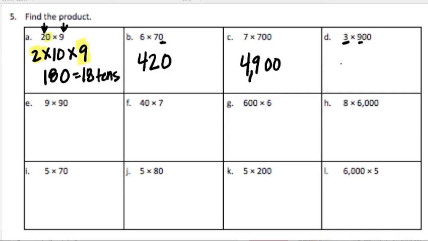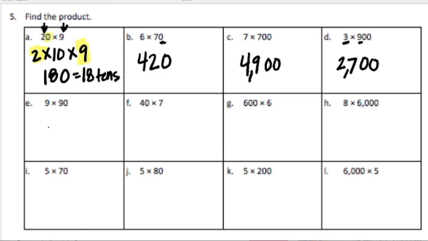That's 3 times 9, which is 27. And hundreds, right? Because it's 2 zeros, 2 zeros in 100. So times 100, that will be 27 hundreds.